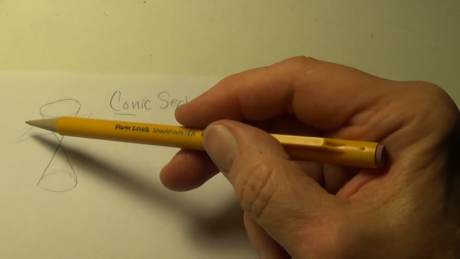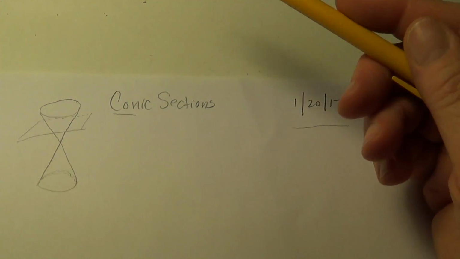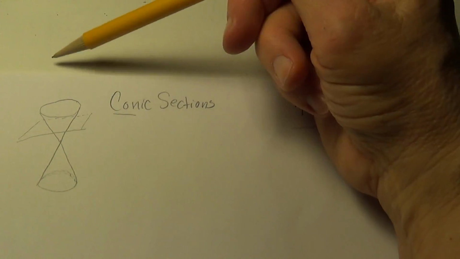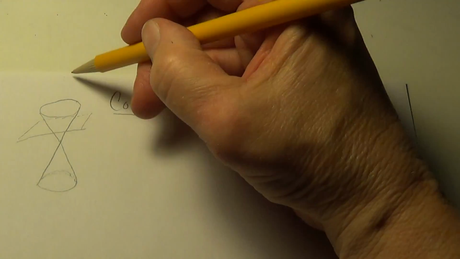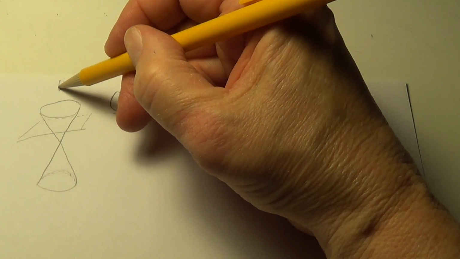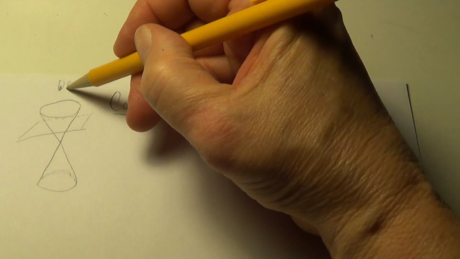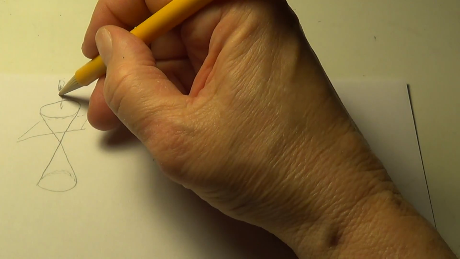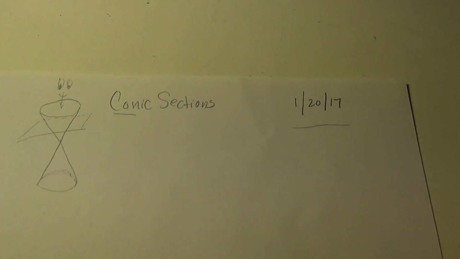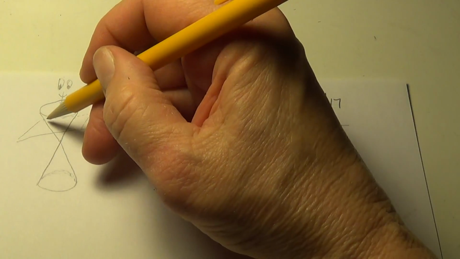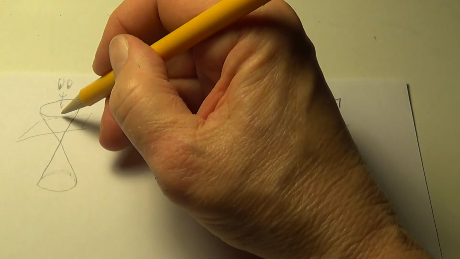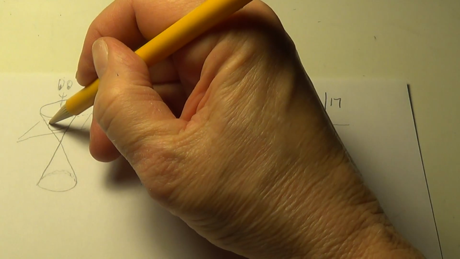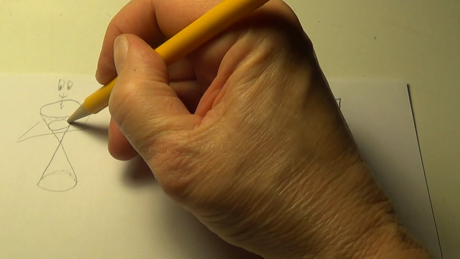If you can imagine me slicing this cone right there, and my eyeballs are looking straight down into the cone, you will see the intersection between this plane and the cone looks like this.